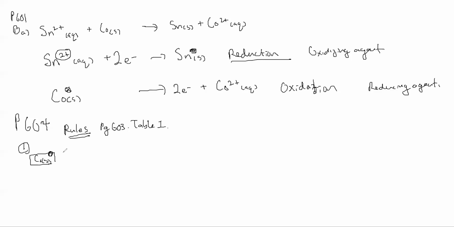Okay? A monatomic ion has an oxidation number equal to its charge. Like for example, if I just have Na+, Cl-, Br-, Sn2+, I think it makes sense. Whatever that ionic charge is will be the oxidation number.